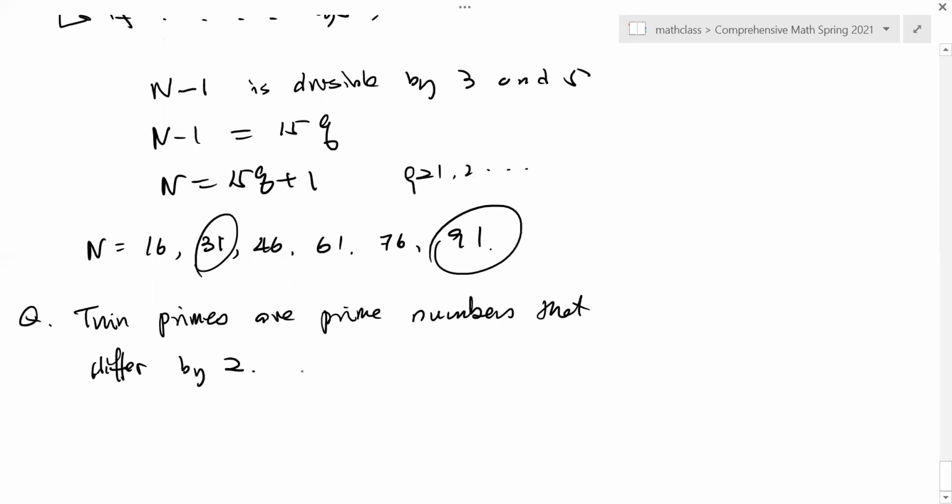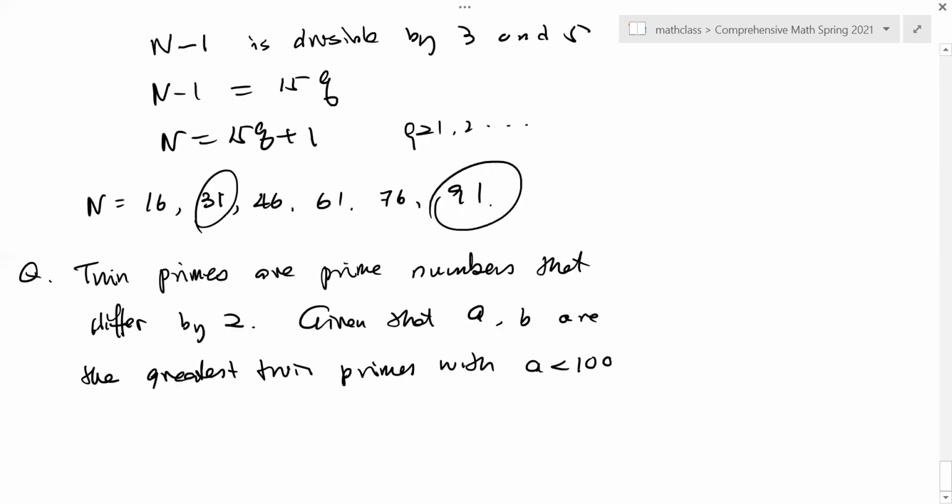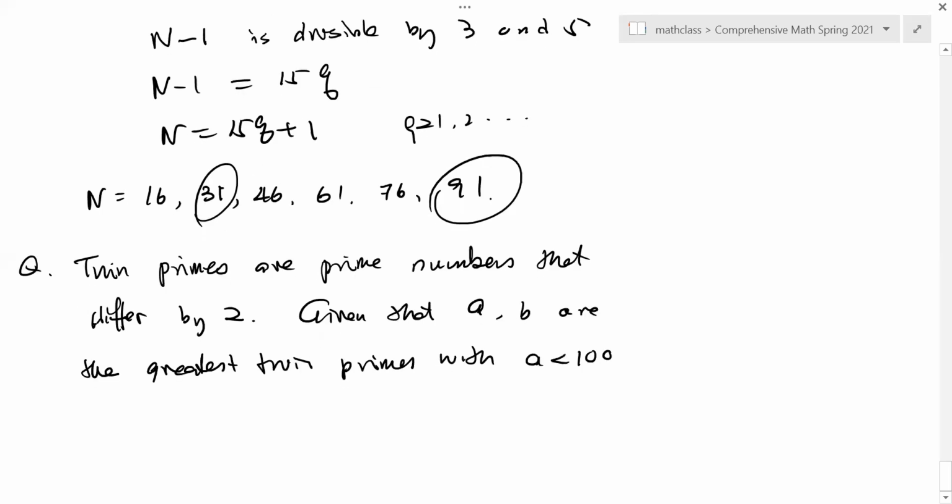So given that A and B are the greatest twin primes with A less than 100, can we find them? Find A and B.